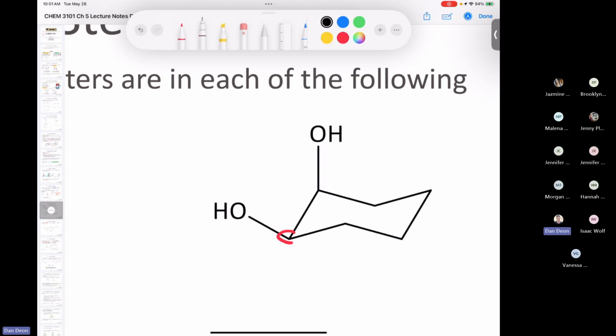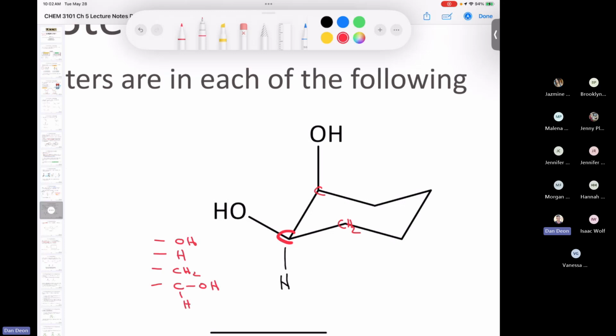How do we know? Let's take a look. The carbon highlighted in red, I'll make a list in red. It's attached to a hydroxyl. It's attached to a hydrogen. Right here, it's attached to a CH2 group, which we call methylene. And then here, it's attached to a carbon that has a hydroxyl and a hydrogen on it.